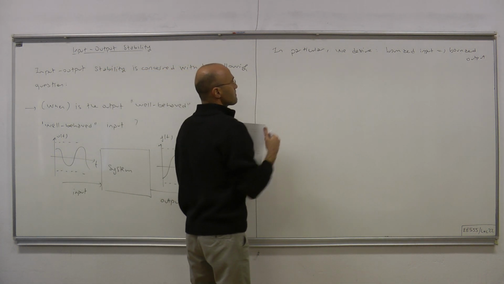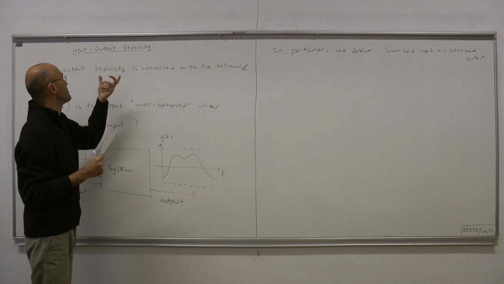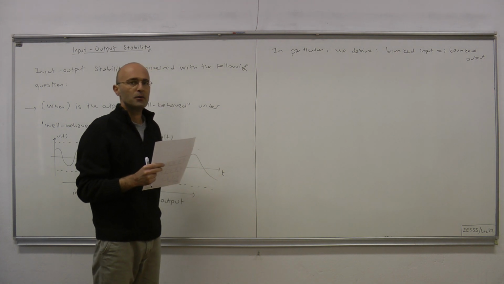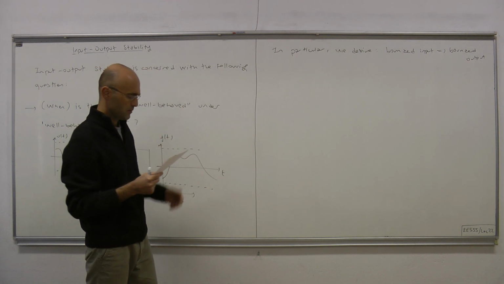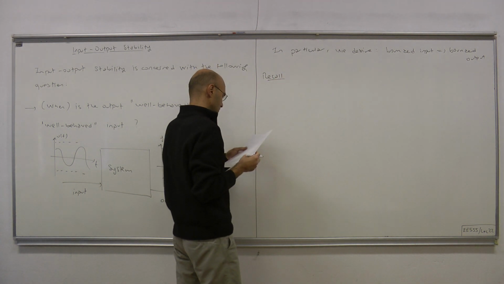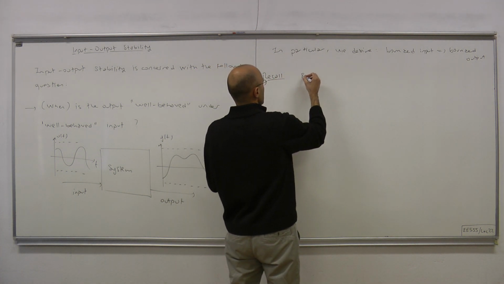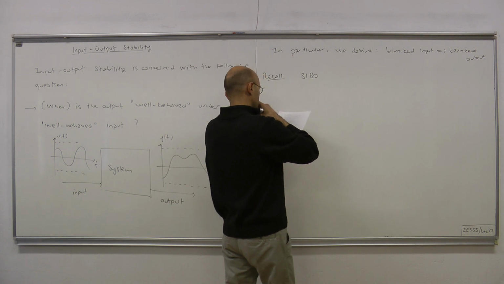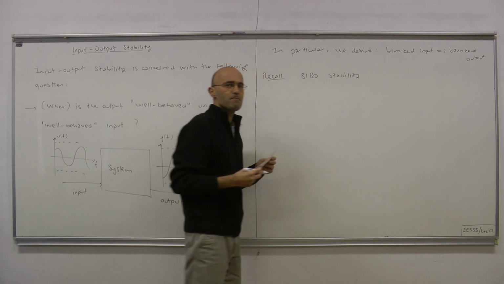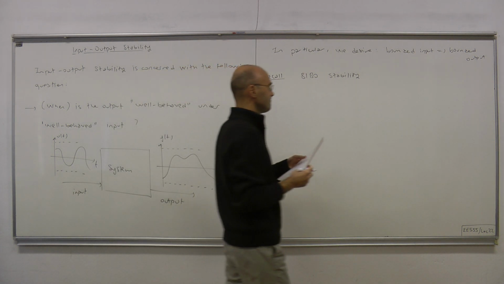So we studied that subject, the relation between the input and output, under the title bounded input, bounded output stability of linear systems. So let's recall that. So, bounded input, bounded output stability for an LTI system.